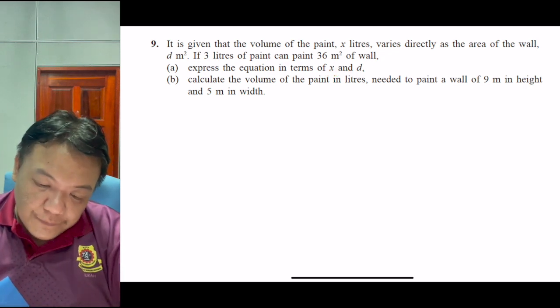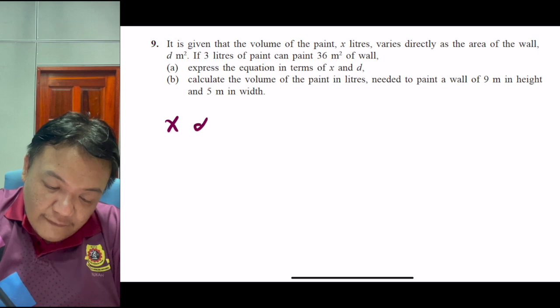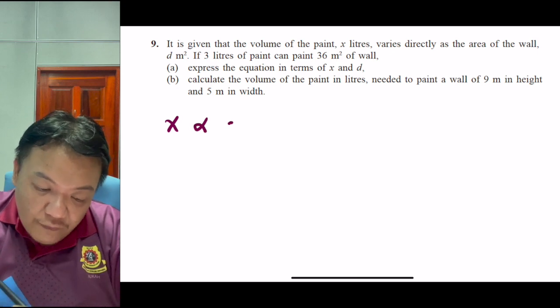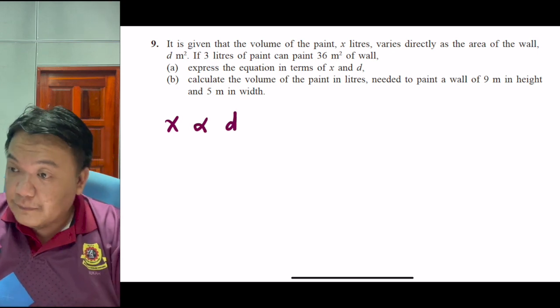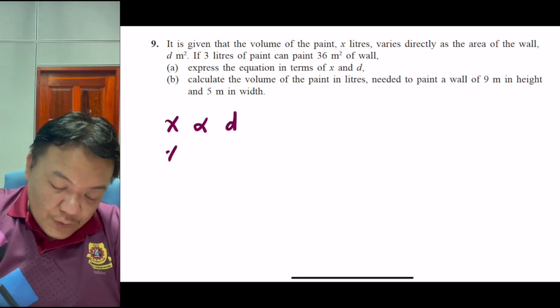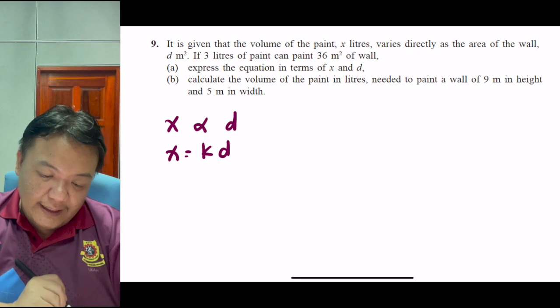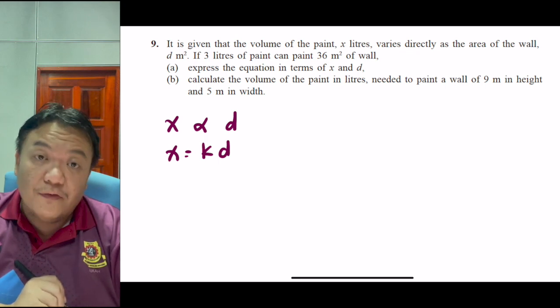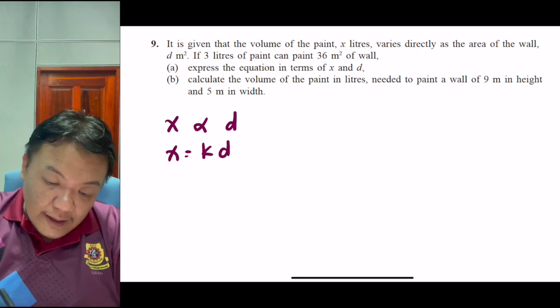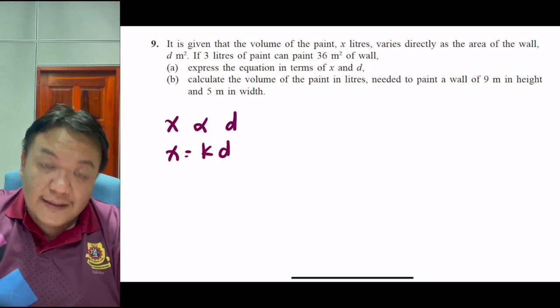Okay, so we have x varies directly as the area of the wall d. So you will have x is equals to kd. Next find the value of k by substituting these values, 3 liters, 36 meters square.